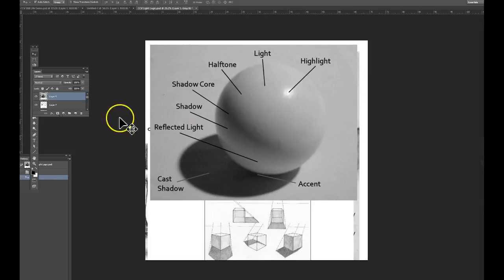So first of all, understanding the light source, and that's what we kind of talked about last tutorial. Right now, understanding where that highlight is, where the half tones, the shadow, the core of the shadow, where the shadow is, and where the reflected light is. Then you've got your cast shadow.